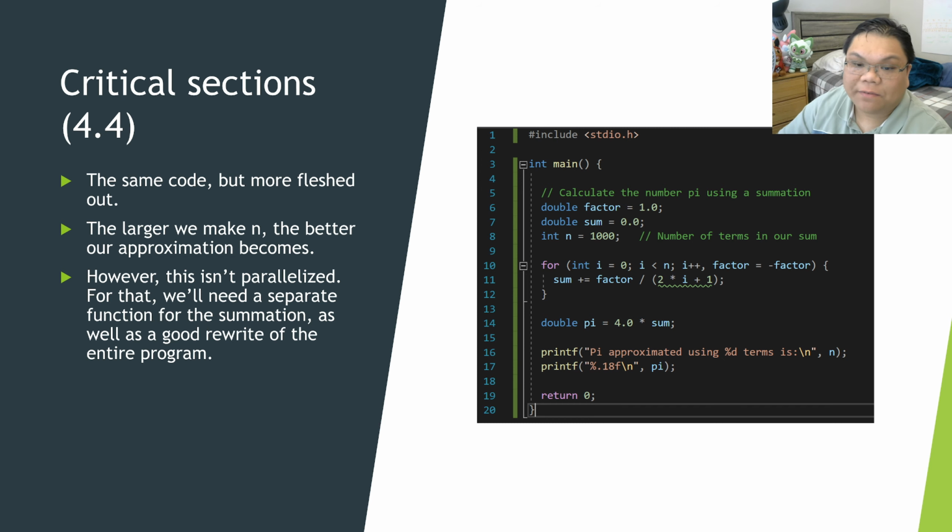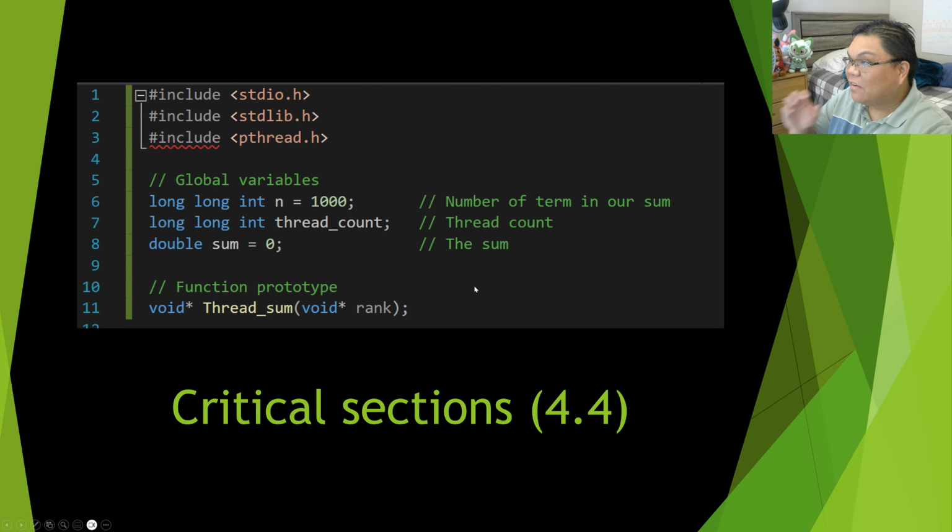You can also test it out for different sizes of n to see what approximations you get. Because the next step, we're gonna need this program. We're gonna parallelize it. So, here's what it looks like when we parallelize that same program using pthreads.